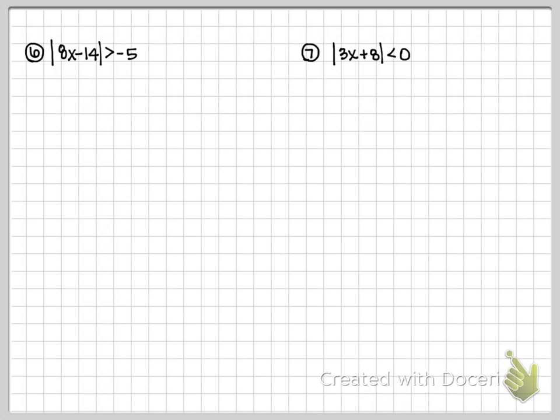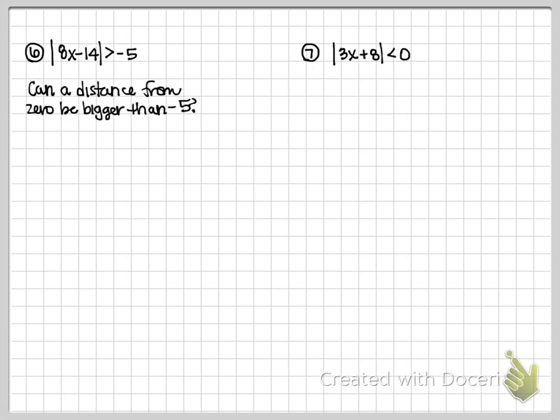Then I would stop and ask myself, okay, is this possible? Can I have a distance that is bigger than negative 5? Okay, so let's think about that. Can a distance from 0 be bigger than negative 5?